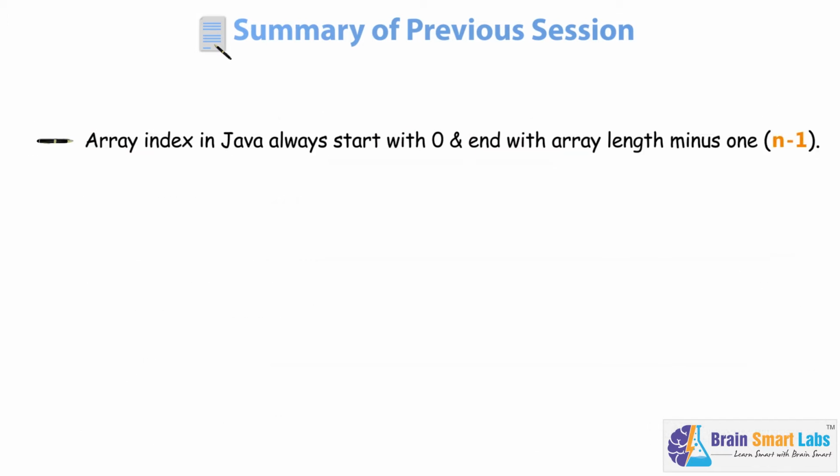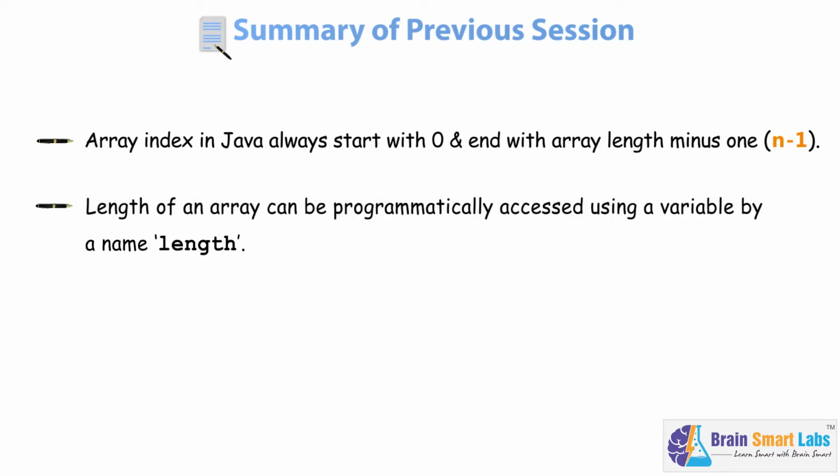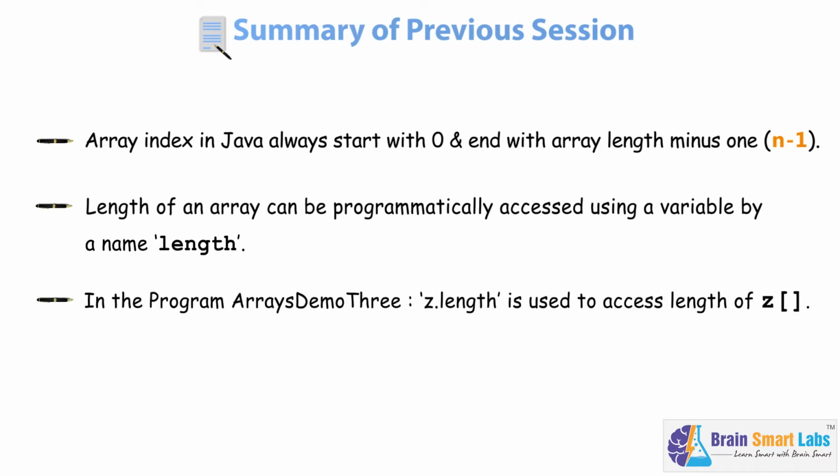We saw array index in Java always start with 0, and as a result the array index here will always end with array length minus 1, that is n minus 1. In Java, length of an array in real time can be accessed programmatically using a variable by name length. With the help of a program Arrays Demo 3, we had to use a syntax z.length to access the length of an array bearing a name array z.